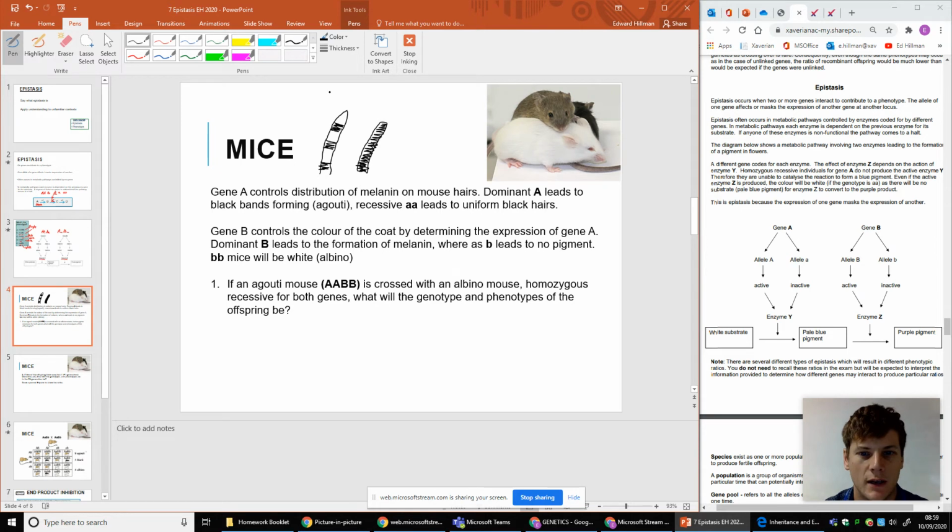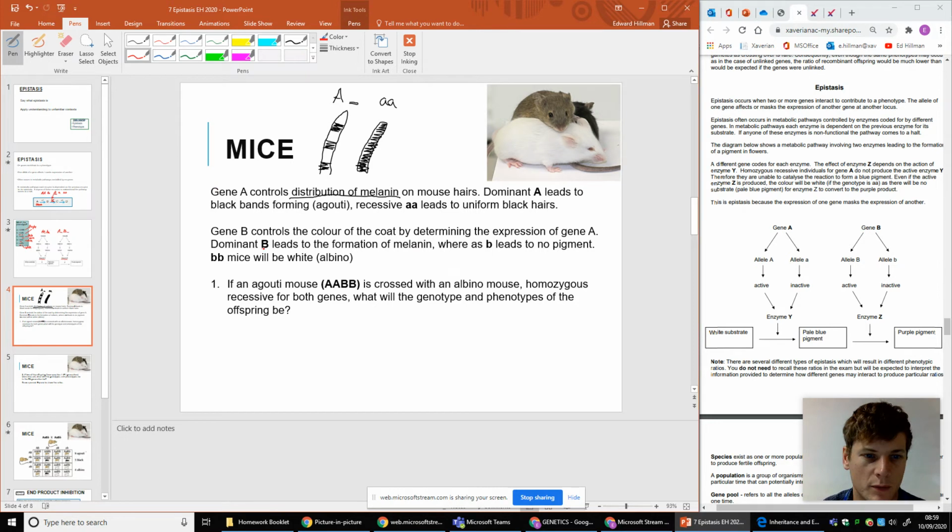If they possess a dominant A, they will have these black bands, referred to as agouti. If they are homozygous recessive, uniform black hairs. So this is about the distribution of the melanin. Gene B controls the colour, which determines the expression of gene A. So a dominant B leads to the formation of melanin.